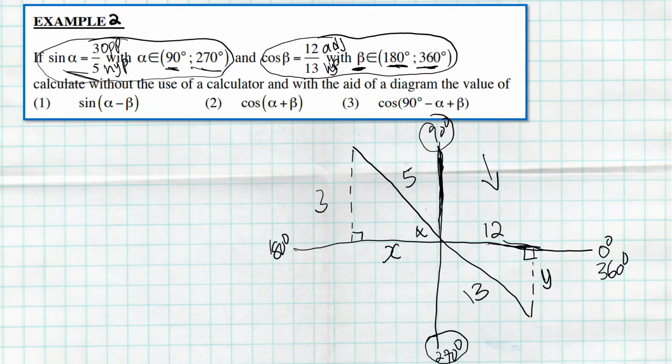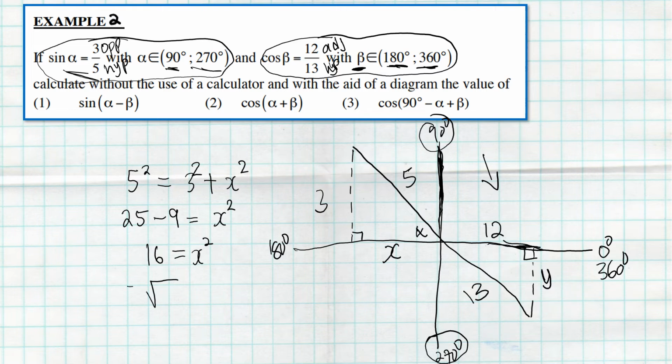Let's go to the first triangle. The theorem of Pythagoras says hypotenuse squared, which is 5 squared, equals the sum of the other two sides squared. It will be 3 squared plus x squared. Then 25 minus 9 is equal to x squared. So 16 is equal to x squared.